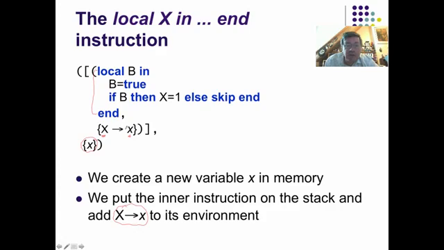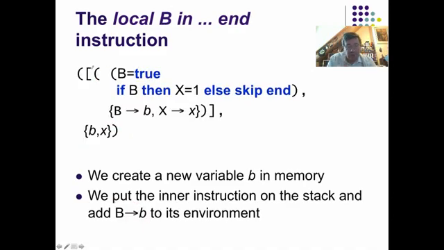The next execution step will take off the local b instruction, and we again do an execution. The local b instruction will create a new variable b in memory, very similar to the local x instruction. It will put its inner instruction on the semantic stack, and add a new link B referring to little b in the environment.